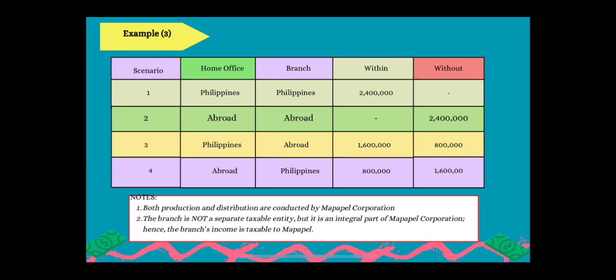Second scenario, if their home office is located abroad and also the branch is established abroad, it will be taxable without the Philippines. So meaning their gross income is still 2,400,000. For the third scenario, if the home office is in the Philippines and the branch is located abroad, the gross income within the Philippines is 1,600,000 because it is in the Philippines, while the gross income of the branch is 800,000, which is located abroad.